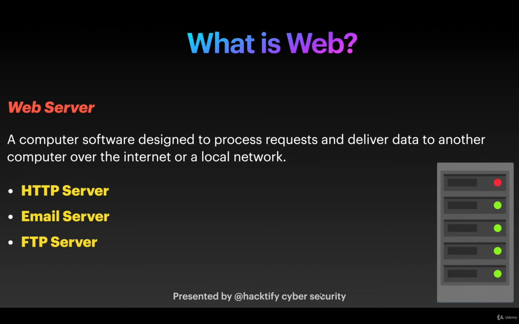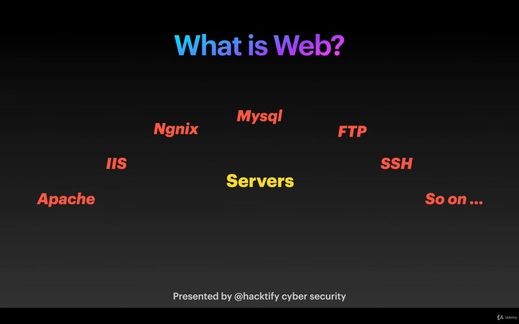Alright, so now we are going to see the different types of servers. So the first one is Apache. Apache is a web server which is commonly used by many organizations. Also, it is open source, which is used to host HTTP websites.